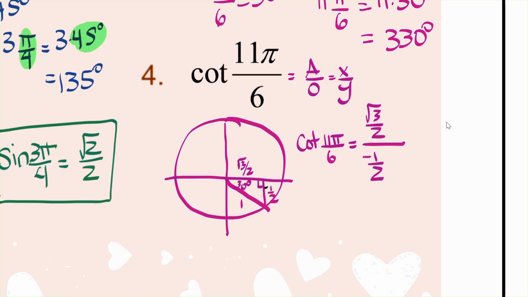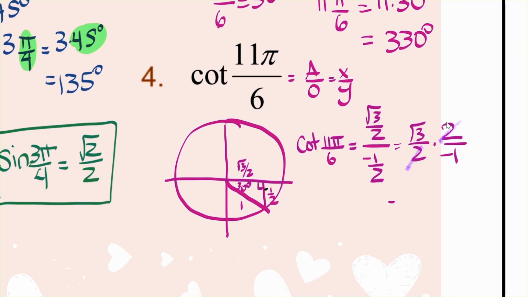We know that dividing is the same as multiplying by the reciprocal. So this is the same as radical 3 over 2 times 2 over negative 1. Taking the reciprocal of that denominator, the 2's cancel, and radical 3 divided by negative 1 is negative radical 3. So that is the cotan of 11 pi over 6.